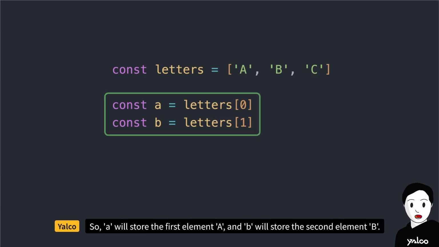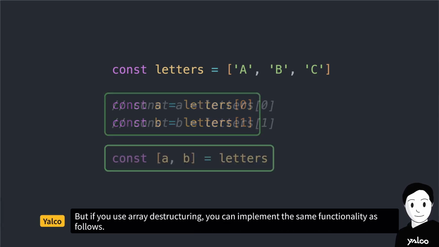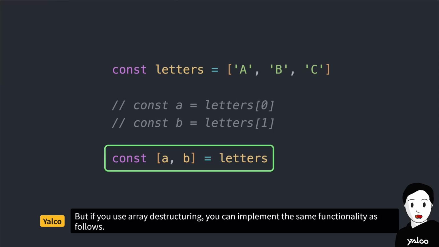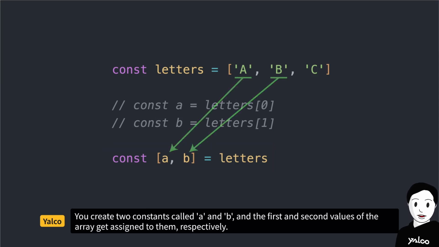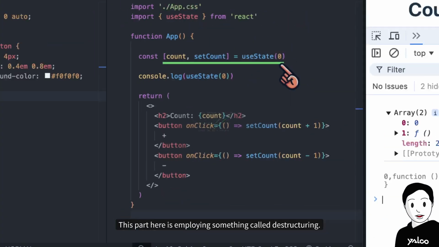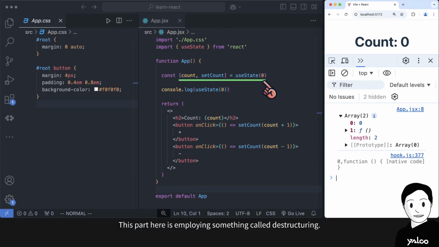So A will store the first element A and B will store the second element B. But if you use array destructuring, you can implement the same functionality as follows. You create 2 constants called A and B, and the first and second values of the array get assigned to them, respectively. This part here is employing something called destructuring.